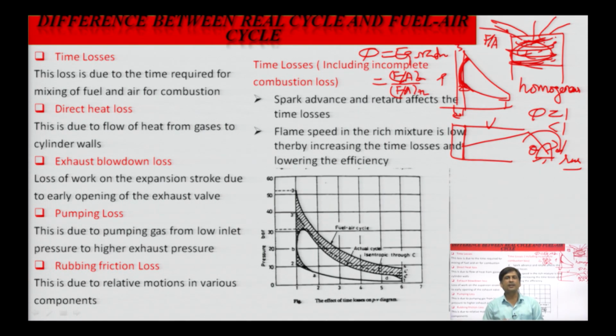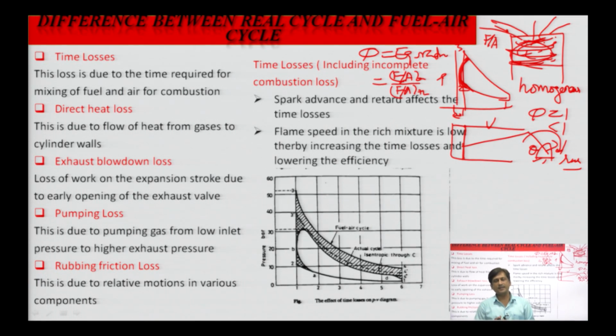You are using high octane fuel or low octane fuel, or high cetane number fuel or low cetane number. Cetane and octane numbers are the values for good SI and good diesel engine fuels. So, fuel characteristics also play a very important role in deciding the time loss. This loss is due to the time required for mixing of fuel and air for the combustion.